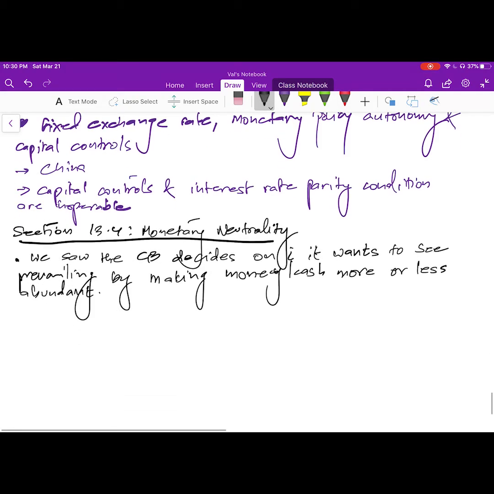Here is where it starts getting interesting. However, the impact of central bank and monetary policy is only visible for 1 to 3 years.